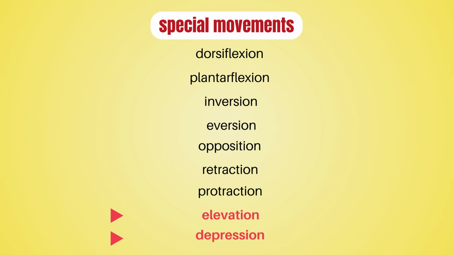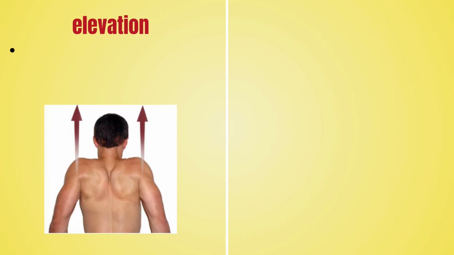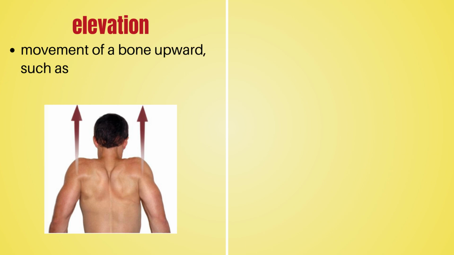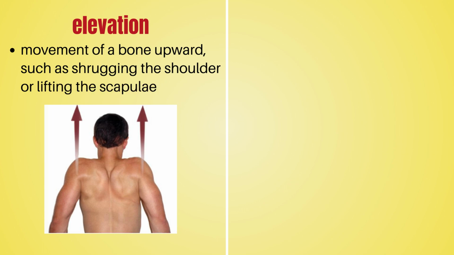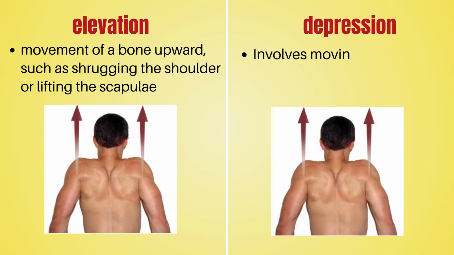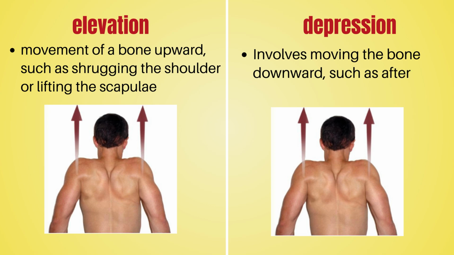Lastly, the elevation and depression. During elevation, from the word itself, elevate means lift up or raise. It is the movement of the bone upward, such as shrugging the shoulder or lifting the scapula, while depression is lowering or moving the bone downward, such as after the shoulders are shrugged and the scapulae return to their original position.